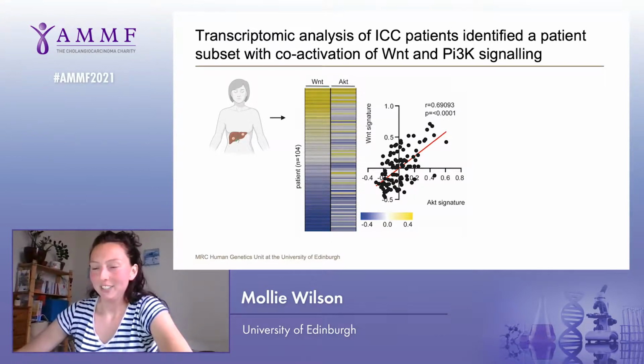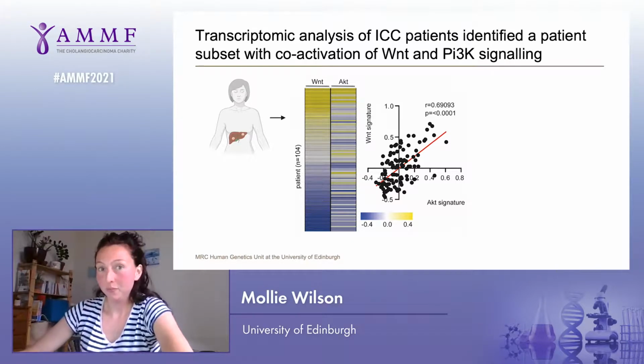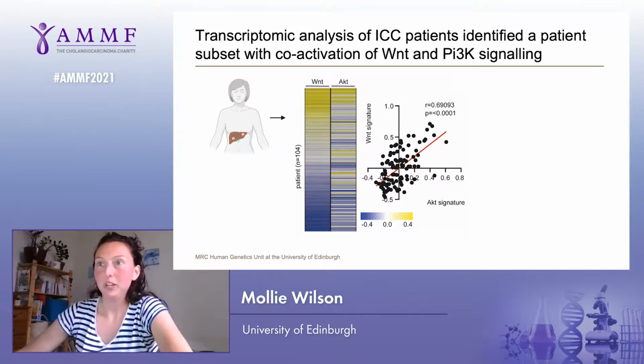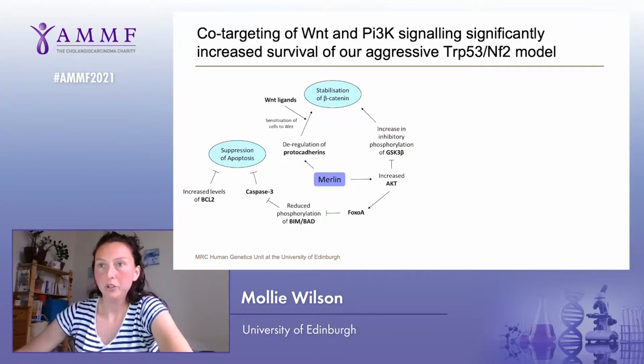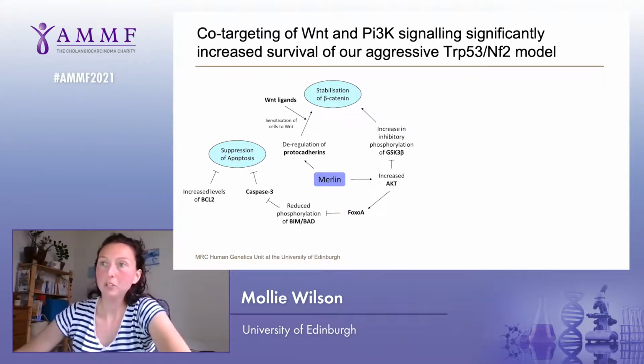We identified that there's this subgroup of patients that have increased coactivation of Wnt and AKT signaling, and based on this, combined with our in vivo studies, we believe that these patients might benefit from a dual therapeutic approach. So we decided to test this in our mouse models, and here I've just shown a rough working model of the mechanism that I propose may be occurring so far.